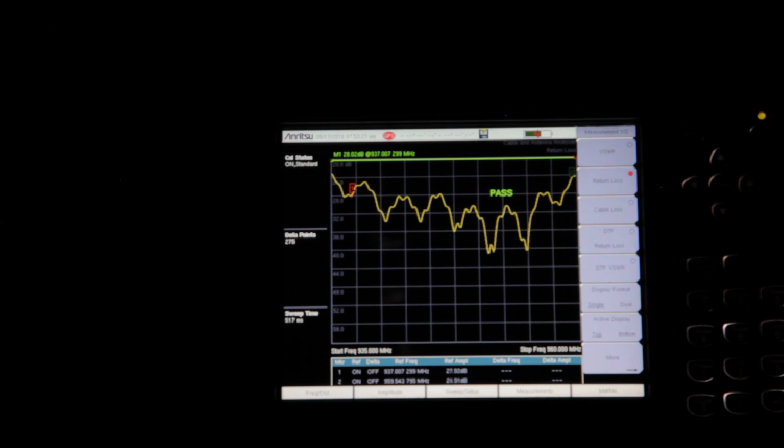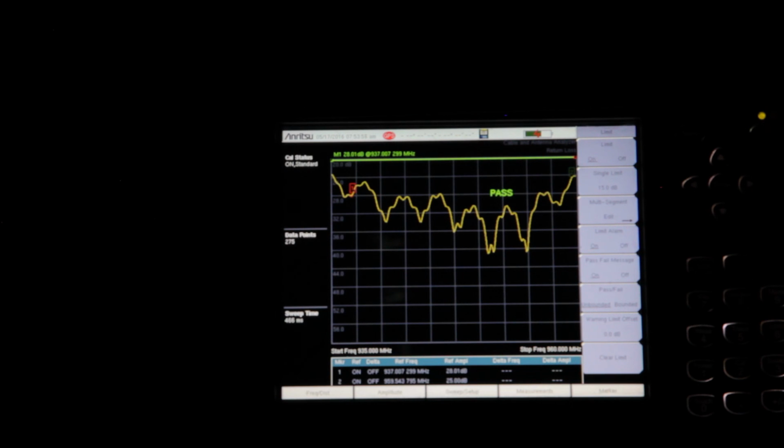Remember that we are measuring with negative numbers. 15 is lower than the 27 that we have. This is the limit we have. Because this signal is beyond our limit, it passes.